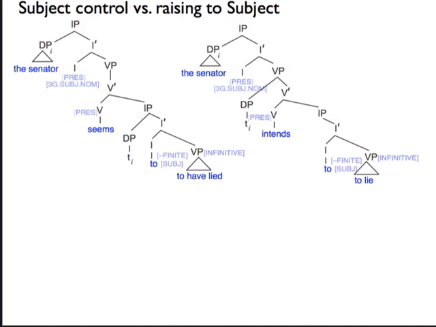Whereas in the case of the senator intends to lie, intends means what? What kind of a thing is intend? It's a cognitive process whereby an individual develops a plan with respect to some future action, right? And the argument that is the future action actually can't be a CP, can it?